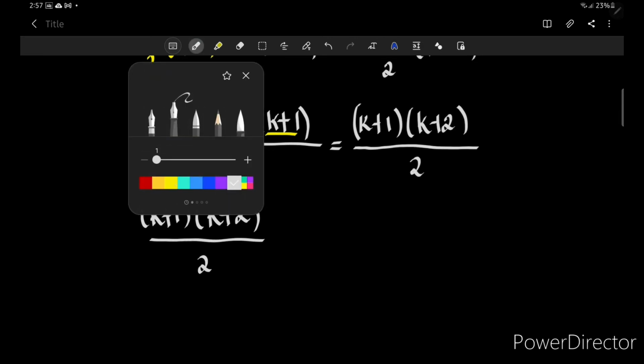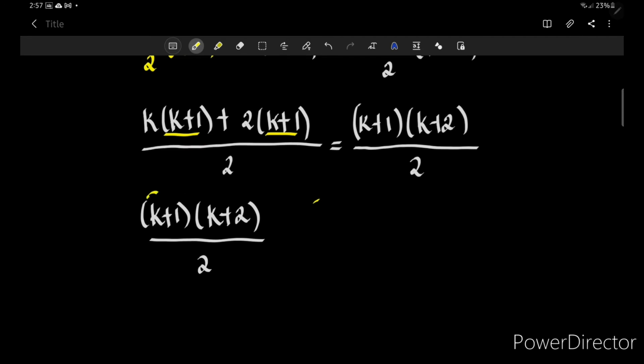Kasi kapag ginamitan mo yan ng distributive property, so we have this one, k plus 1 times k is k times quantity k plus 1. Then, quantity k plus 1 times 2 is 2 times quantity k plus 1. So, iisa lang po sila. Finactor out lang natin yung binomial na k plus 1. Okay, so, delete lang natin to.